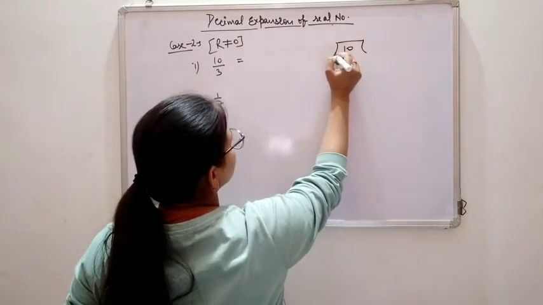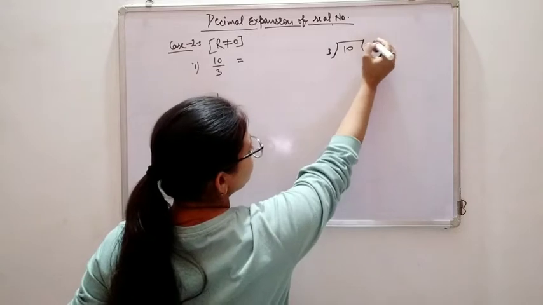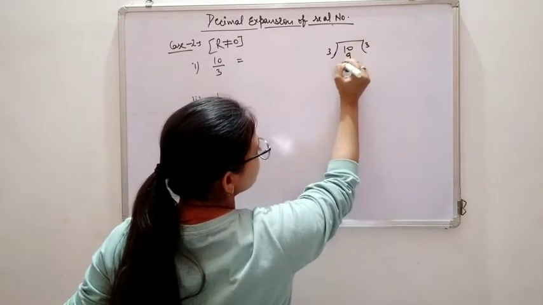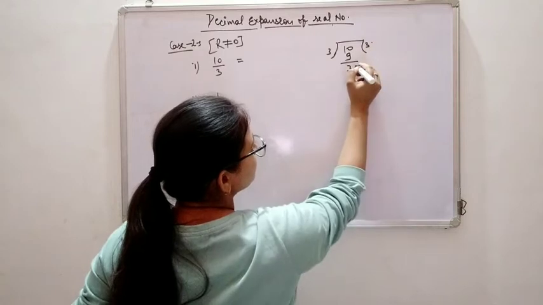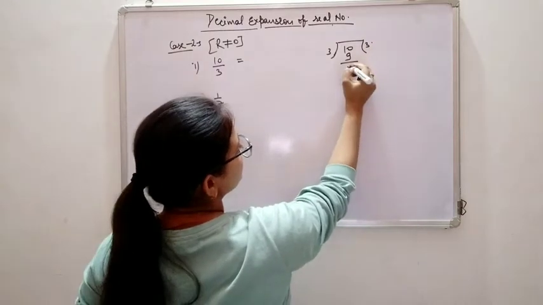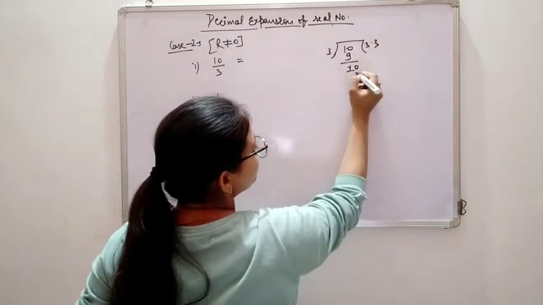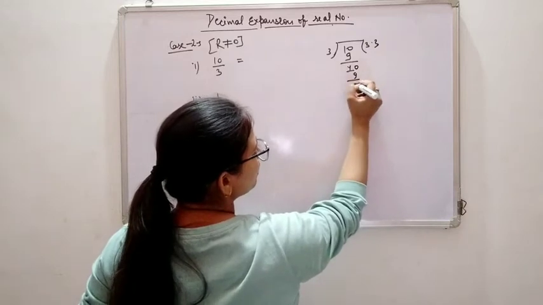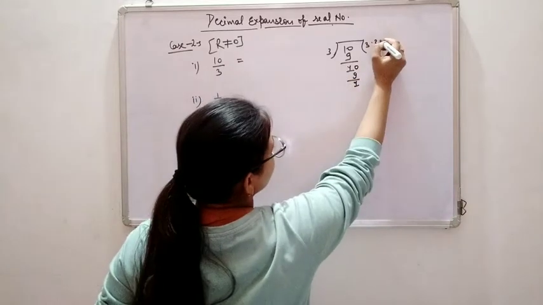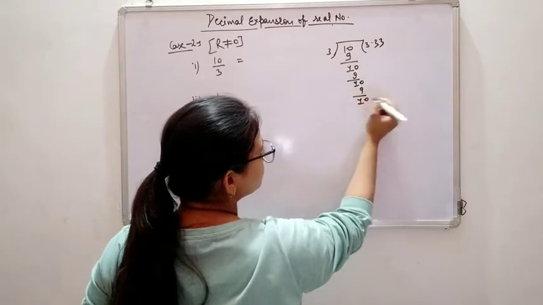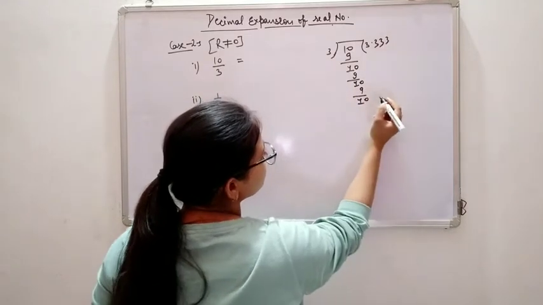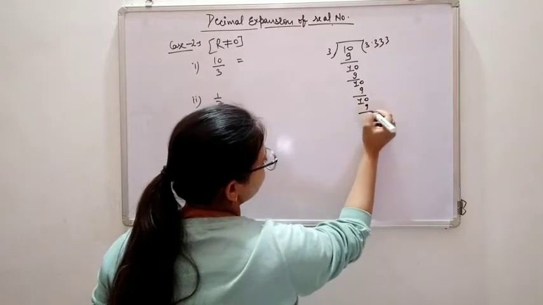The remainder will be 3, now the remainder will again be 1. It will go like this: 3.33333.